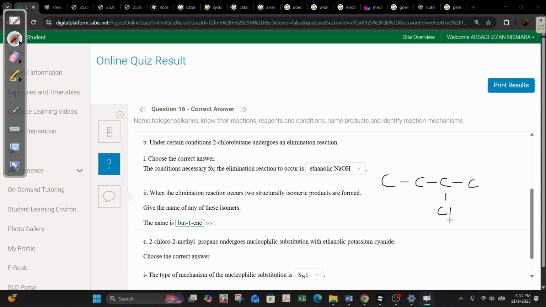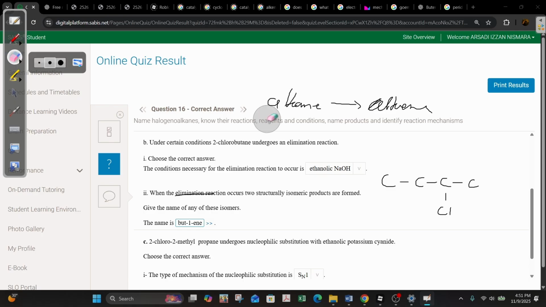Okay. So elimination reaction. An elimination reaction is from an alkane to produce an alkene, I think. Let me just confirm real quick. Oh, whoops, no, a halogenoalkane to be specific. It'll turn from a halogenoalkane into an alkene.